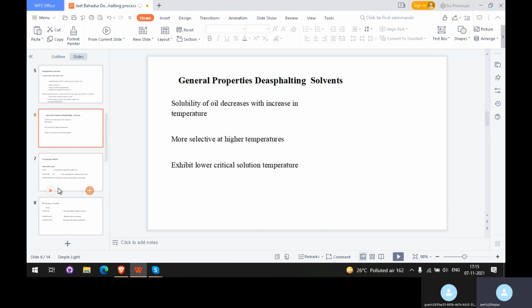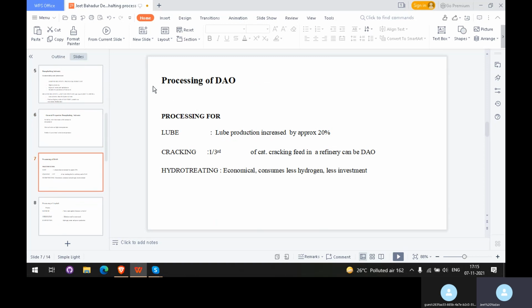Now moving forward, we have processing of DAO. So why are we doing the processing part for the DAO? Like we require lube.